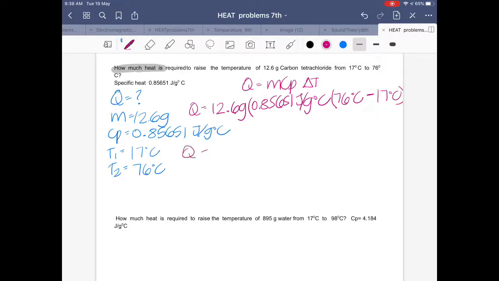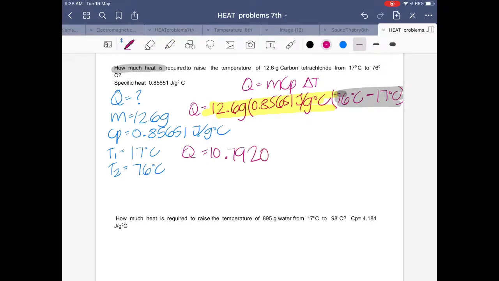So heat equals, you start with this part right here because it's the easiest part, and you start by multiplying this one. So you multiply 12.6 times 0.85651, and you have 10.792.